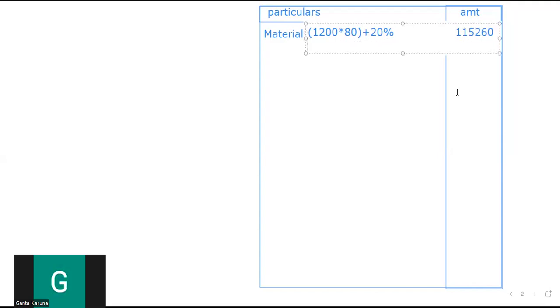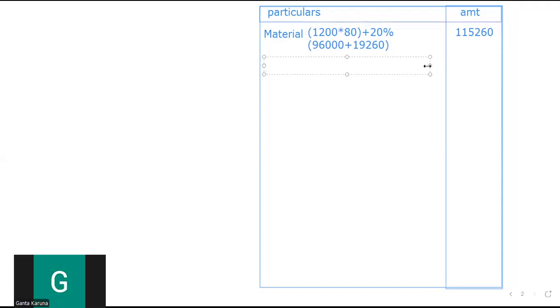So how I got this, I'm just telling you: I got 96,000 plus when I added 20%, I got 19,260. So that's how when I added, I got this figure. Hope it is clear. So now my materials is done.